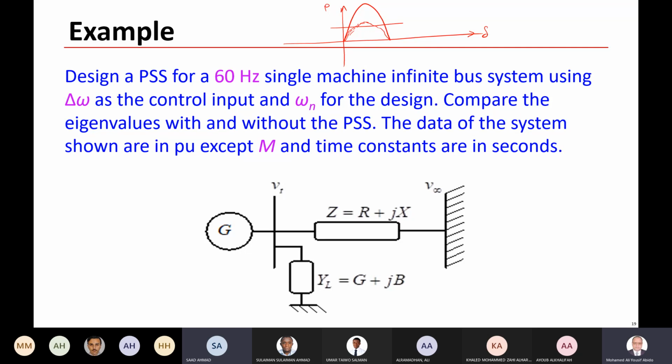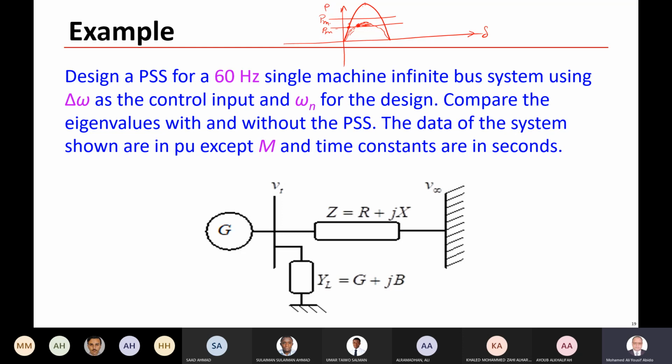Yes. Even if this is the P mechanical, there is no feasible point. Even if this is P mechanical, let us say. So instead of having this, which is the maximum, you are far from the maximum. Here you are very close to the maximum. System stability margin is very, very low. And you are decreasing the stability margin.